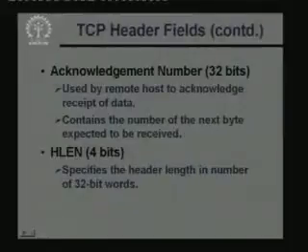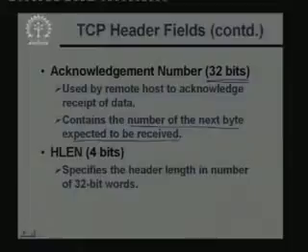Similarly, from the other side, you have a 32-bit acknowledgement number which is sent back. The remote host is using this to acknowledge something. This contains the number of the next byte expected to be received. This means if the sender is sending the TCP segments one after the other, and the receiver has received the packets up to byte number 1000, the receiver will send back an acknowledgement with the acknowledgement field value as 1001.